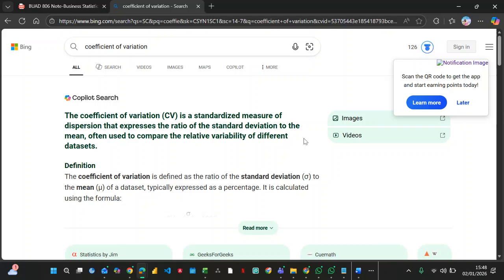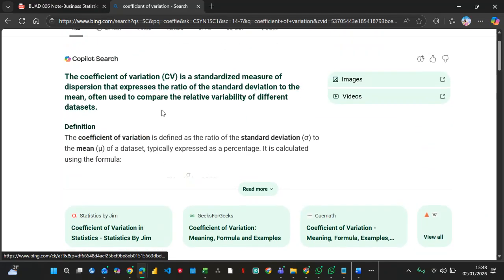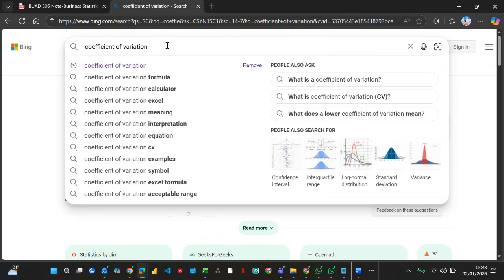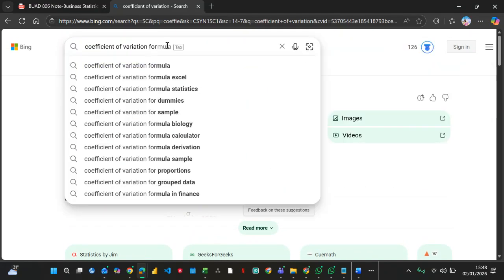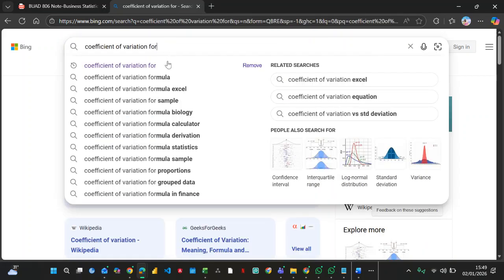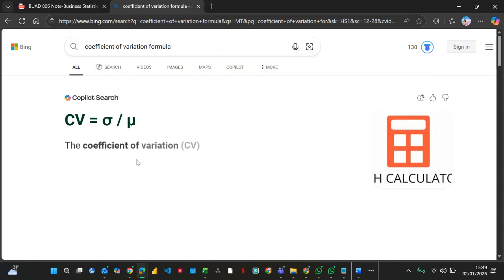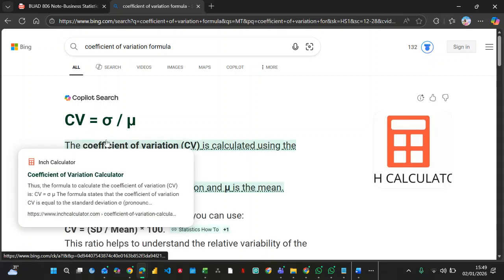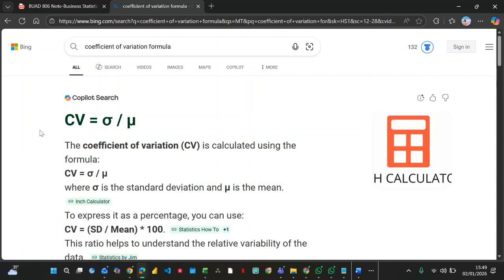Okay, so I was asking: did you understand how to solve this question? It's one of the simplest questions to solve. What they want to know is who is more consistent, and the answer is typist A, because his coefficient of variation is smaller than the other one.